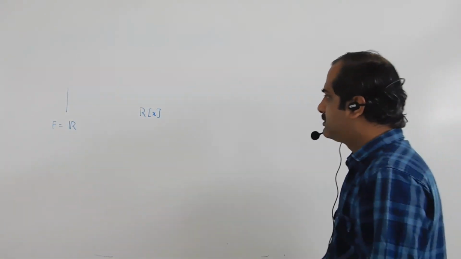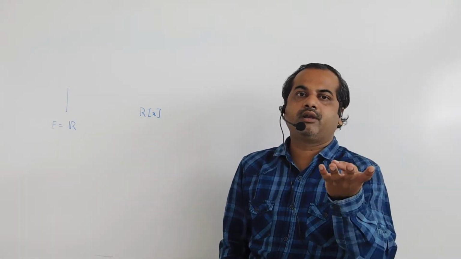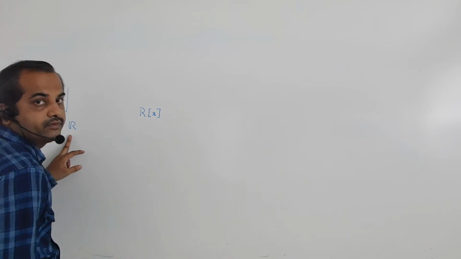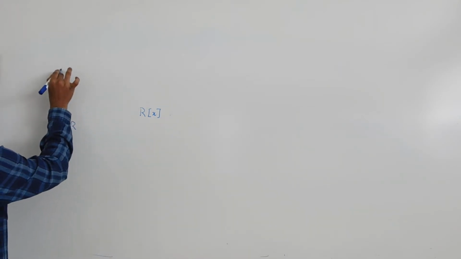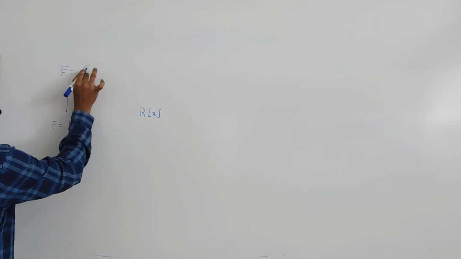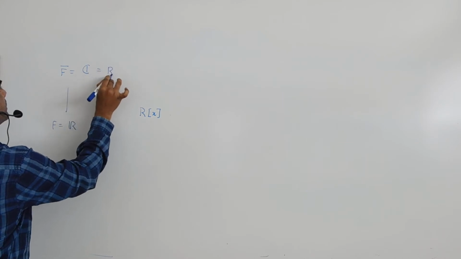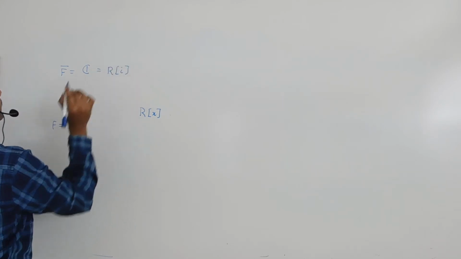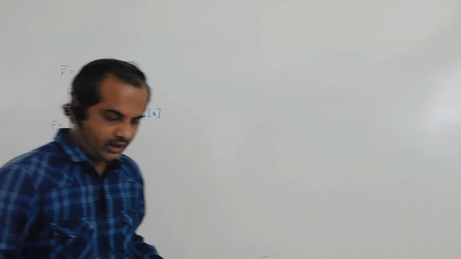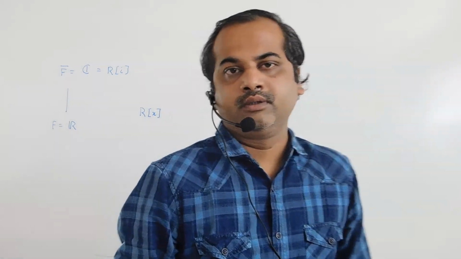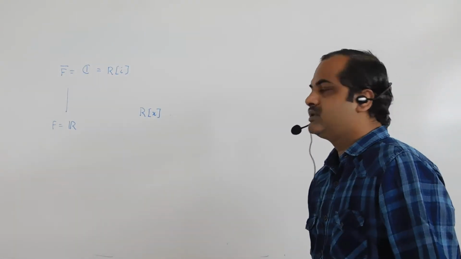Find the roots. Now the polynomials have roots that are either real numbers or complex numbers. Attach those to this field. So F bar is C, or you can say R of i. So the algebraic closure of the field of real numbers is C.